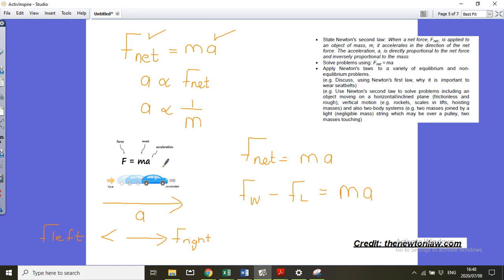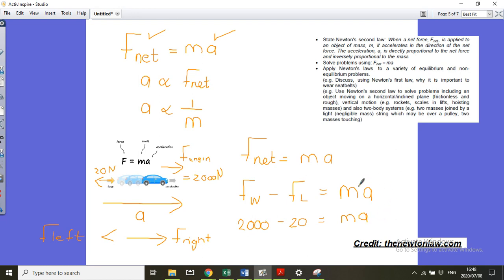So if I had a force of the engine pushing forward here, remember we want to know what is applying the force. So the force of the engine is 2000 newtons, and we've got a frictional force going this way, which is 20 newtons. I like twos today. Then I know that the winning force is going to be 2000 newtons minus 20 equals ma.